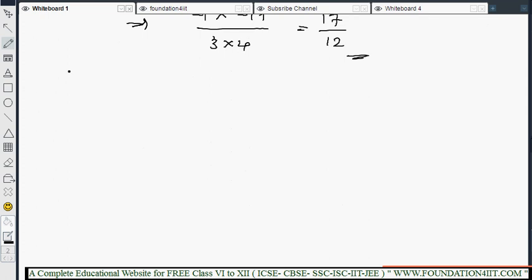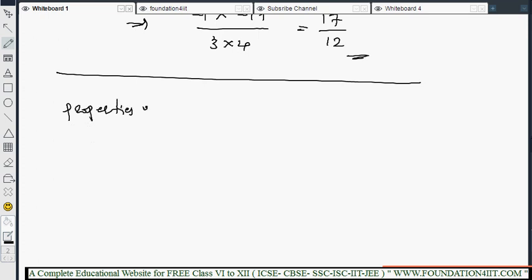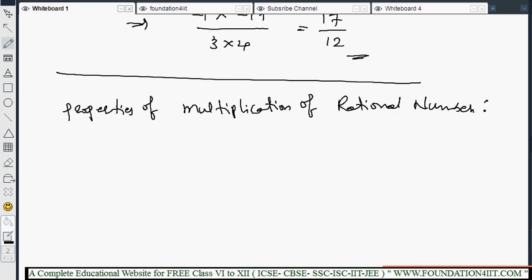So let us see some properties in multiplication. Properties of multiplication of rational numbers. As we discussed properties of addition of rational numbers, similarly we'll see some properties of multiplication of rational numbers.